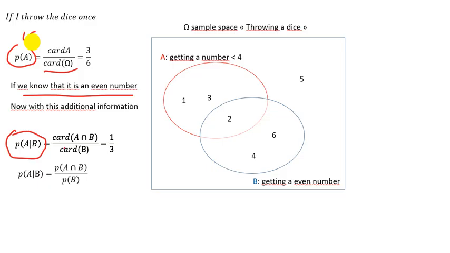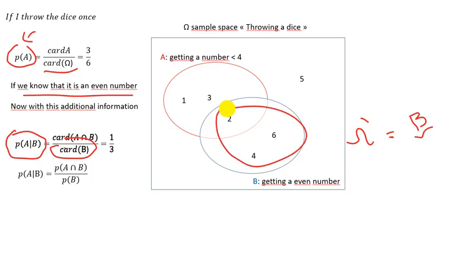So the new omega, let's call it omega prime, will be the total even numbers I have. So it is the second event, which is B. So since the new omega is B, the new cardinal is the cardinal of B. So now I look only at the even numbers, which are 2, 4 and 6.